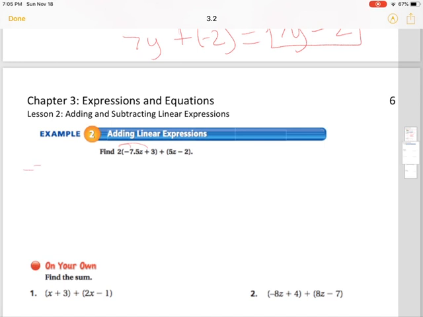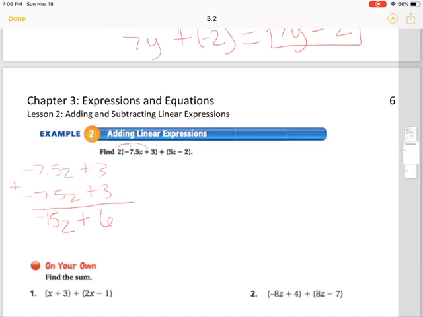So we have negative 7.5z plus 3, and we have another one because it's saying we have 2 of them. So we have negative 7.5z again plus 3. And if you add these up, you would get 6, since 3 plus 3 is 6. And then you would get negative 15z.